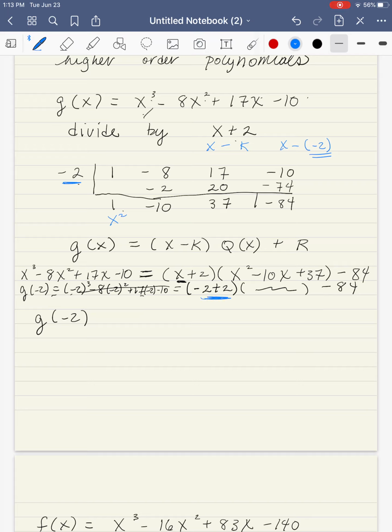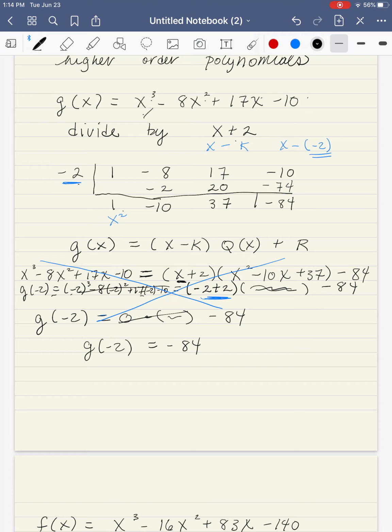And what I see is that g of negative 2, I'm not going to worry about what that is, but I see right here, negative 2 plus 2. That's equal to 0. So I have 0 times whatever this is, minus 84. So g of negative 2, all of this becomes 0, is negative 84.